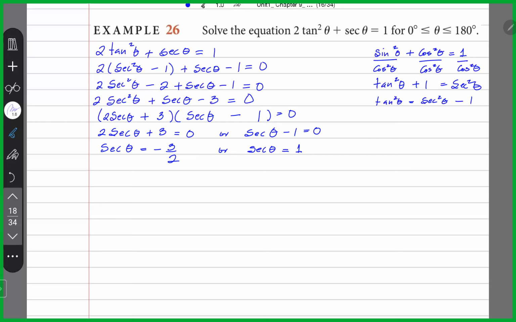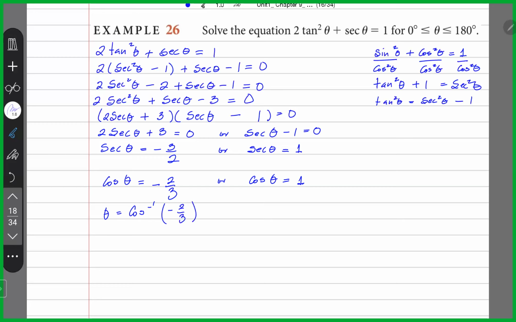Now sec is 1 over cos. So this means that cos theta is the reciprocal of minus 3 over 2. So this is minus 2 over 3, or cos theta is equal to 1. Theta would therefore be equal to cos inverse minus 2 over 3.